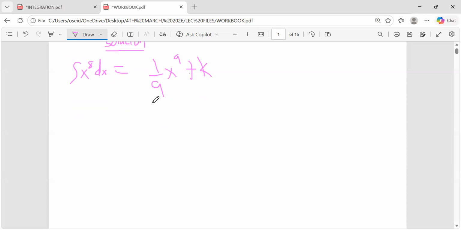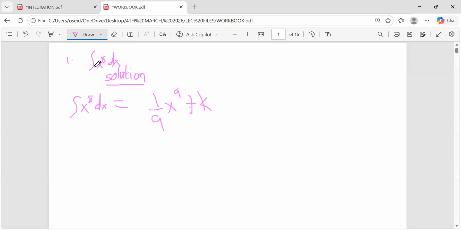The reason why it is 1 is that the coefficient of x is 1. So this is the solution to the first question.